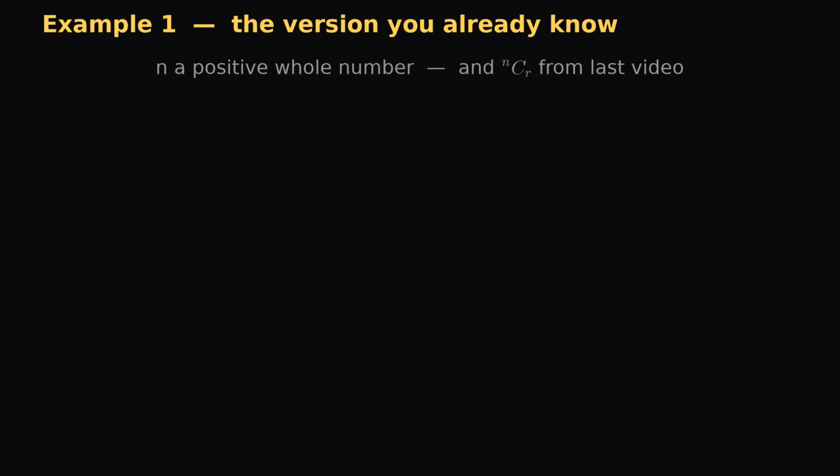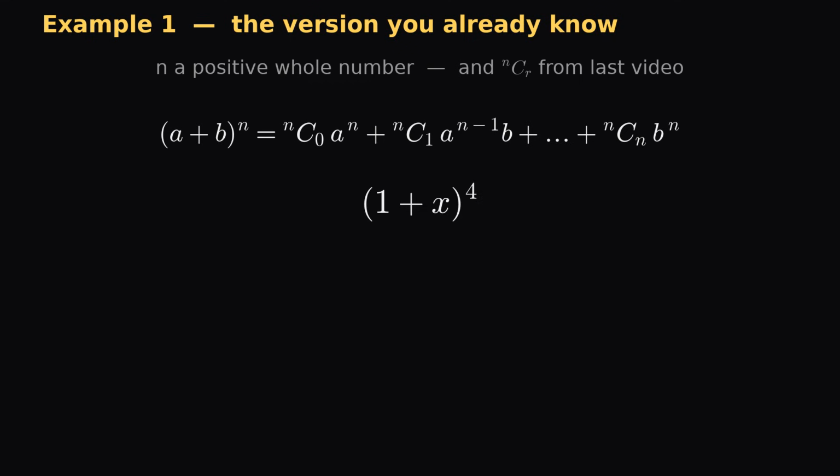Example 1 is the version you already know, because that is where nCr from last video turns up again. For a positive whole number n, (a + b)^n is nC0 a^n + nC1 a^(n-1) b, and so on, down to nCn b^n.